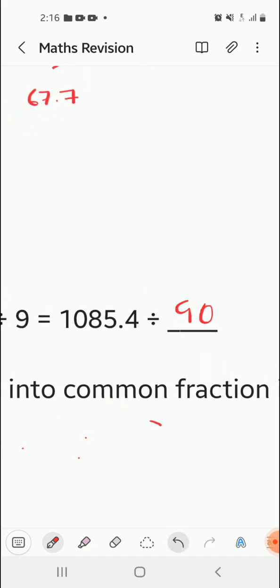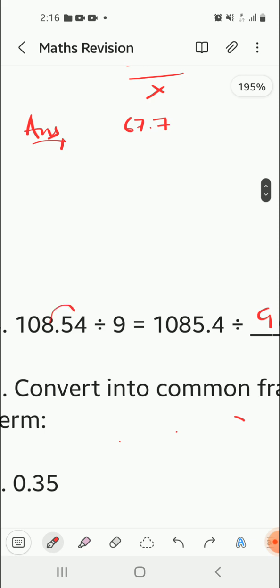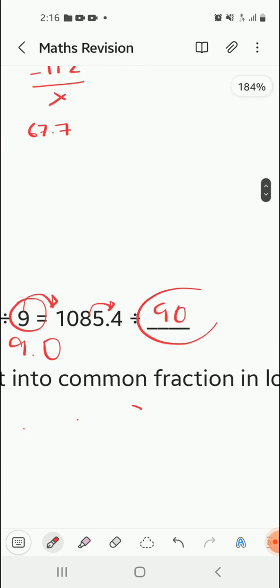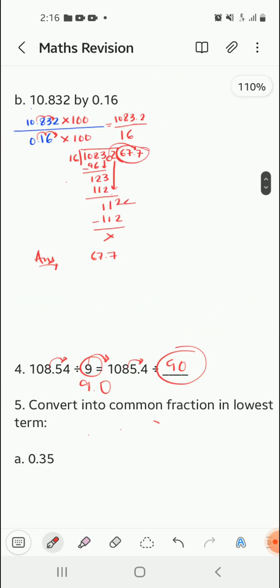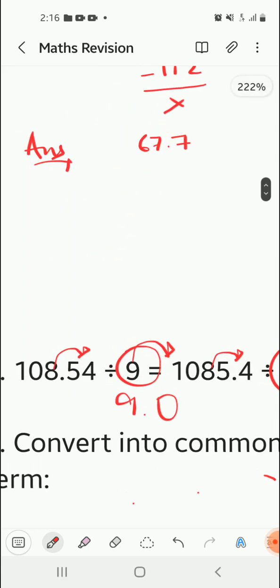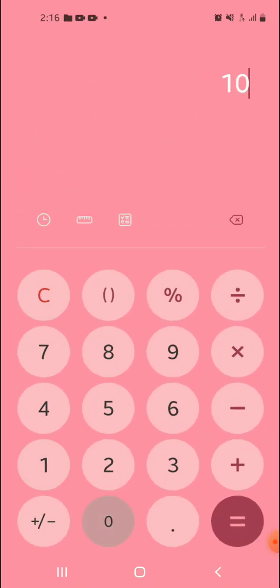Why? Because over here the decimal point has shifted once to the right, so we have to insert a 0 here. We can't shift the decimal point over here because there is no decimal point. 9 means 9.0, so in that case you have to insert a 0 at this point. You can check the answer: 108.54 divided by 9 gives us 12.06.